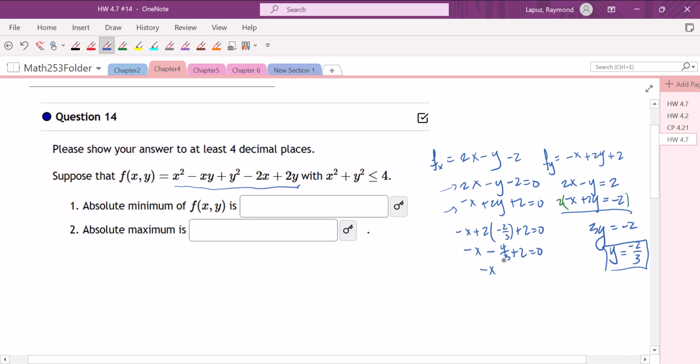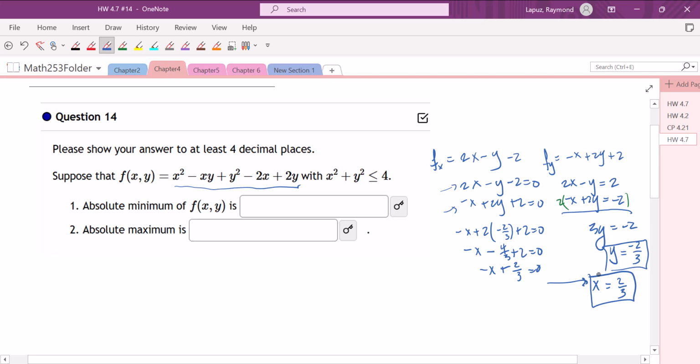Negative x, the common denominator is 3, so this is positive 6. So 6 minus 4 is 2. And then we'll bring that over to the other side, and it'll become negative. The negative x will go away by making it positive, so x is positive 2/3.